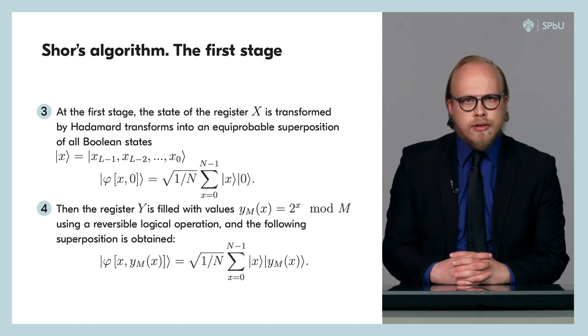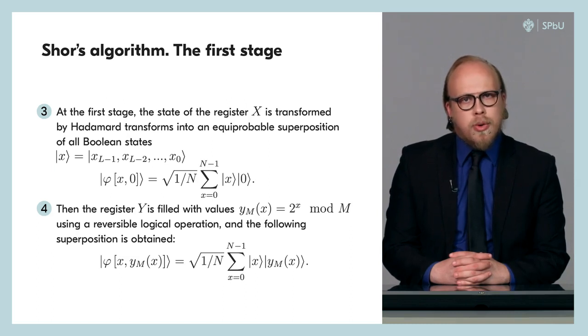Since the data register in this case is responsible for the value of the argument x of the ym function, then in fact, as in the Deutsch-Jozsa algorithm, we run through all possible values of the argument x from 0 to n-1. The second register remains unchanged.